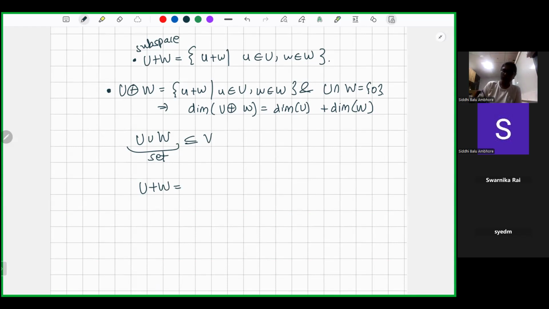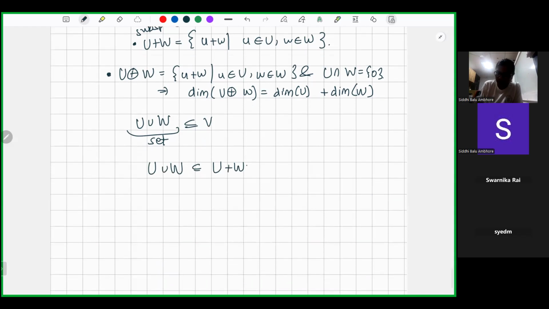No, it's the other way around. U union W will be contained in U plus W, because I can always have u plus 0 in U plus W and 0 plus w in U plus W. That is just the union.